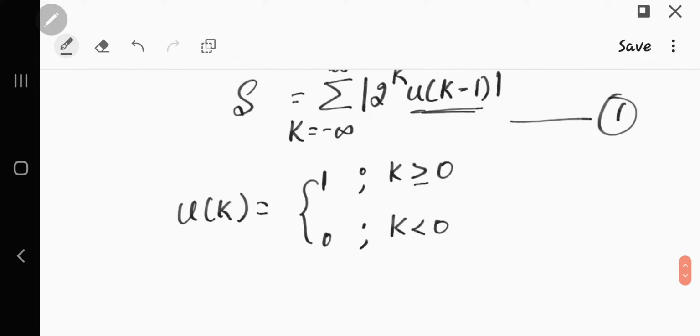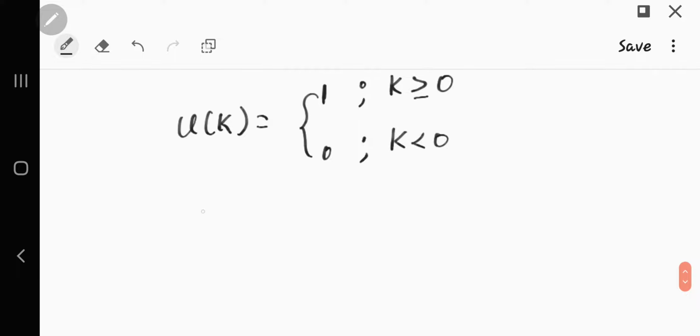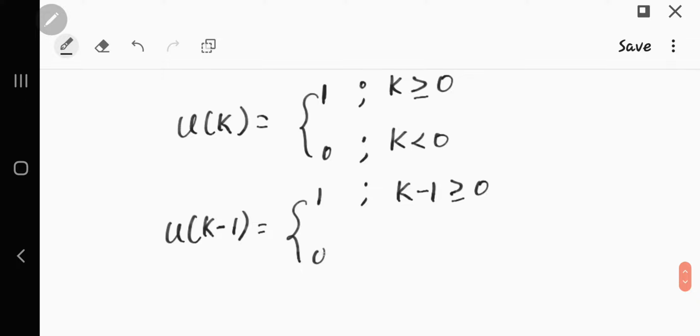What we want here is the limit for u of k minus 1. That means u of k minus 1 is equal to 1 for k minus 1 greater than or equal to 0, and it is 0 for k minus 1 less than 0.